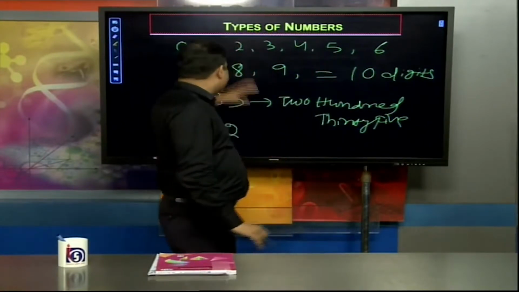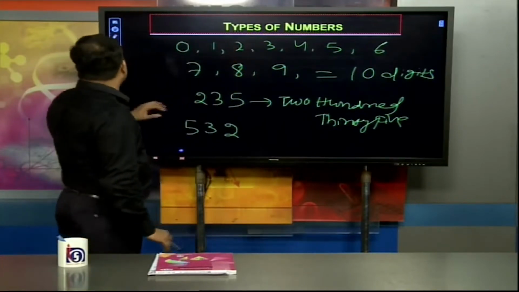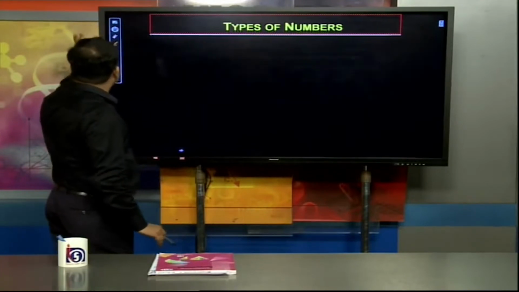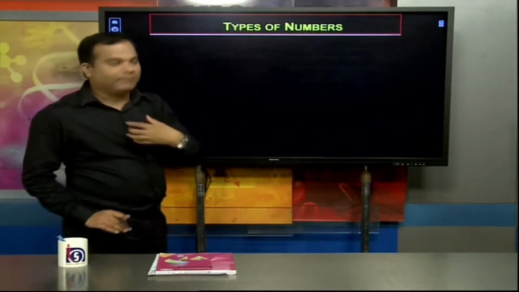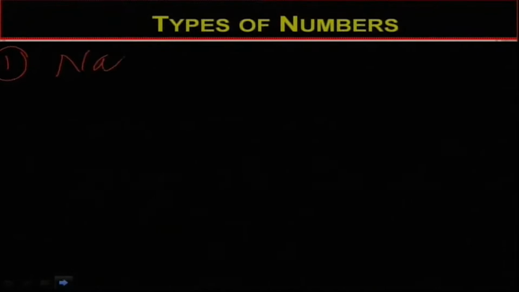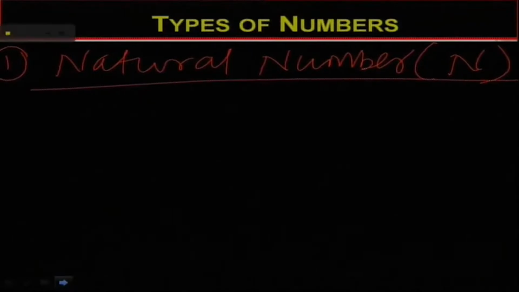Now we will discuss in detail the different types of numbers. The first category, or first step, of number is known as the natural number. Natural numbers are denoted by capital N. Natural numbers generally start from 1, 2, 3, 4, and so on.